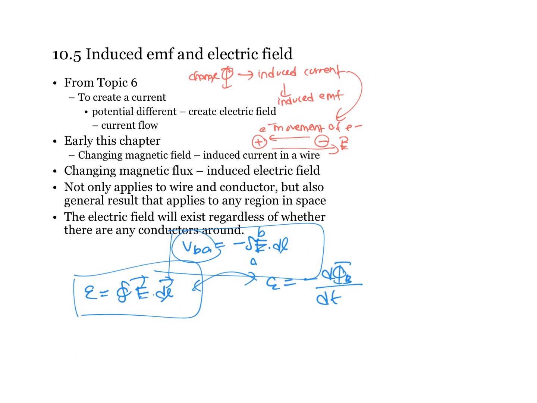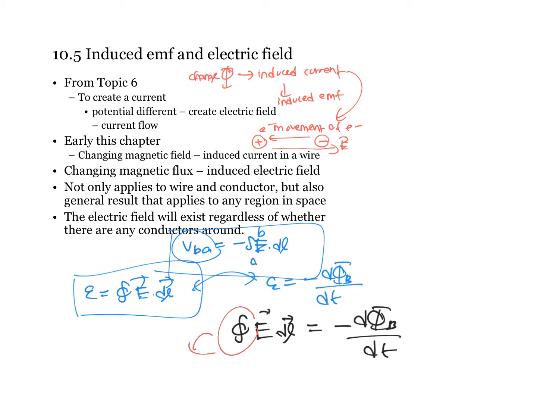So we get the closed loop integral of E dot dL, the induced electric field, equals negative the change of the magnetic flux over time. This formula integrates over the closed loop.